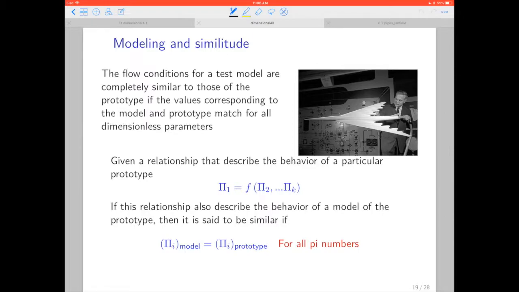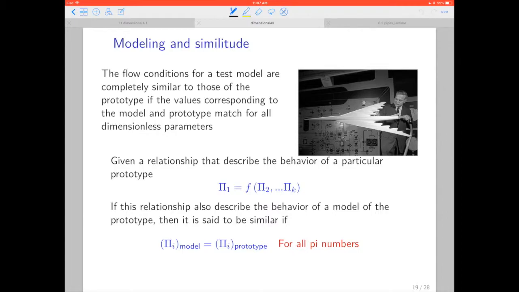We want to predict what is going to happen to the real design when we are working on a model. In this case, the model is a physical model. In the case of a mathematical model, it would be an equation that will resemble the real-life prototype.